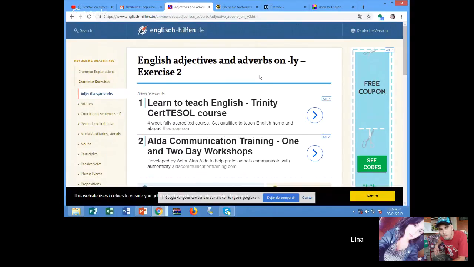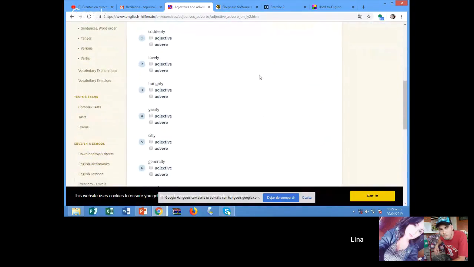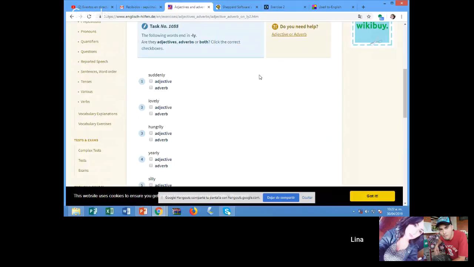Remember that because this is important. It's a grammar rule, and it's easy to understand. So we have some exercises. The following words end with ly. Are they adjectives, adverbs, or both? Click the correct check boxes.